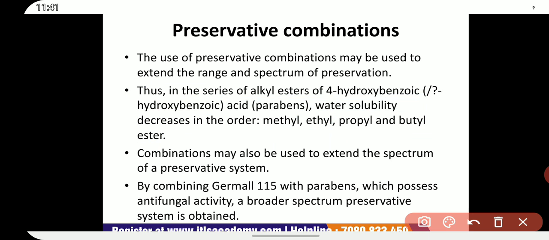This water solubility will be more for methyl, then ethyl, then propyl, and then butyl esters. By combining these products it is possible to achieve a situation where both the aqueous and oil phase of an emulsion are protected.